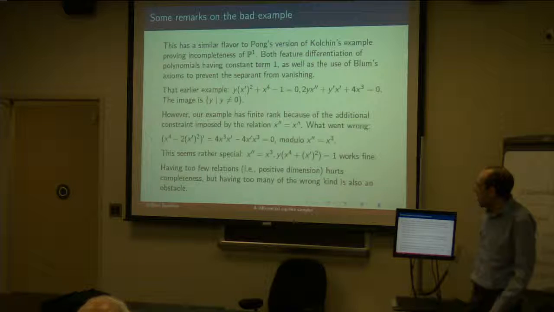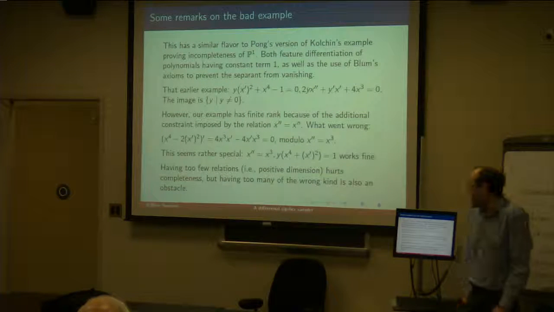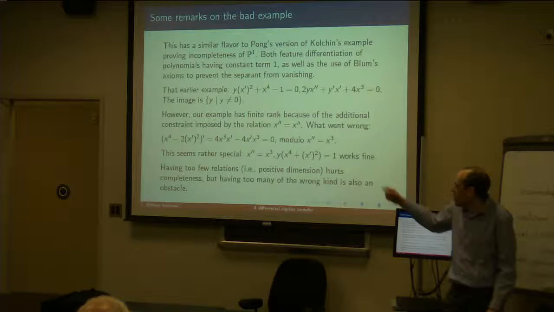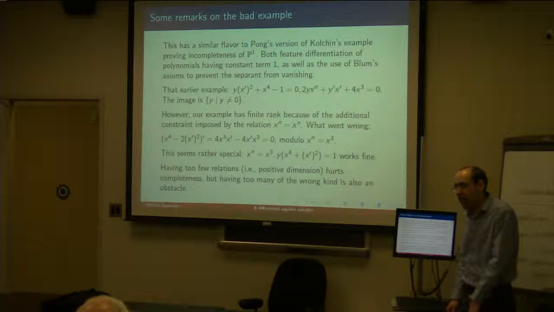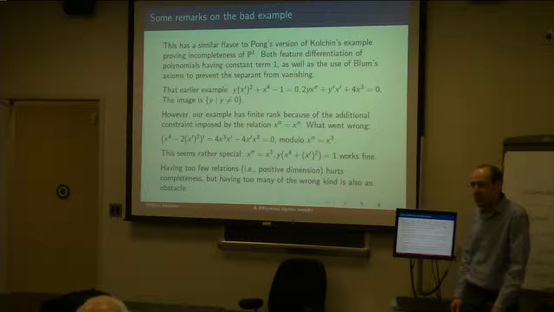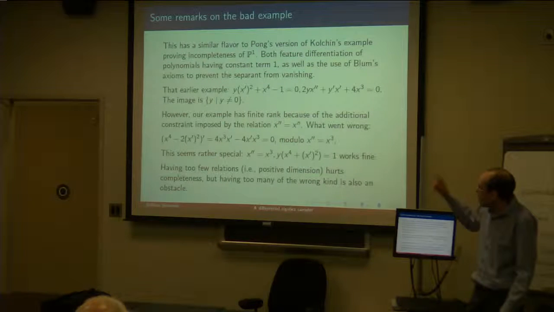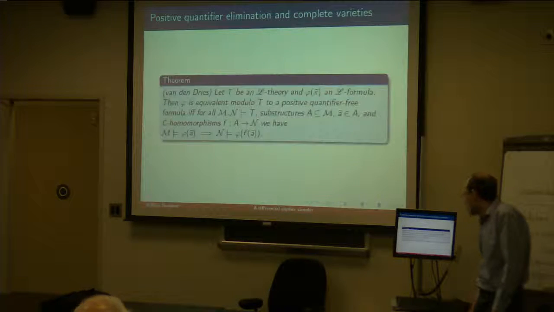But even if you have enough relations to cut you down to dimension 0, if they're just of the right kind, like this anti-derivative type situation where the derivative ends up being in the ideal but the original isn't, then you can have specialized bad examples witnessing incompleteness.